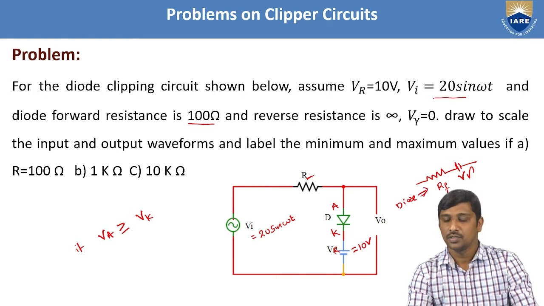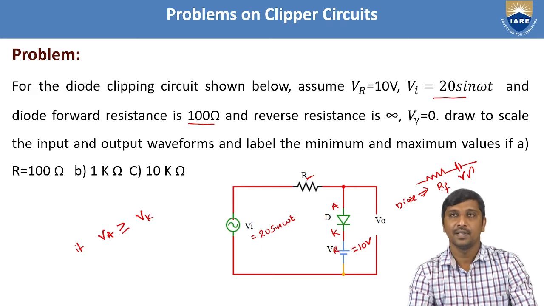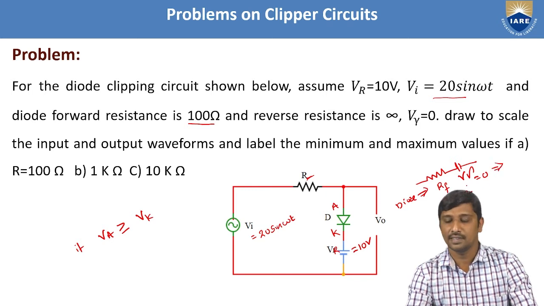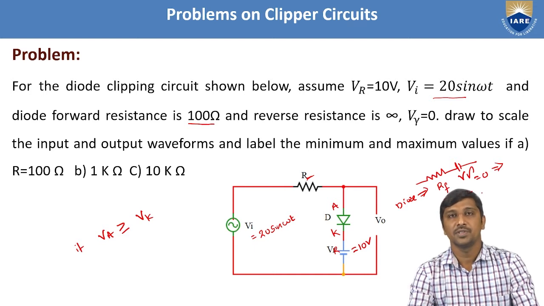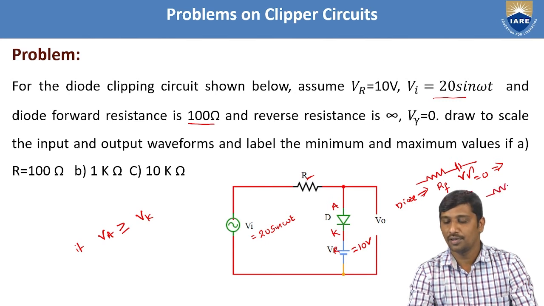In this problem, they mentioned the diode forward resistance RF is 100 ohms and V gamma is 0. Based on this, we need to redraw this equivalent diode circuit. When the voltage source is 0, it should be replaced with a short circuit. Hence, I'm going to redraw that circuit with the cut-in voltage as 0.